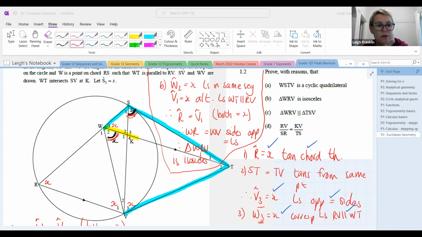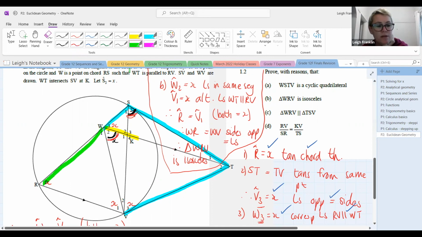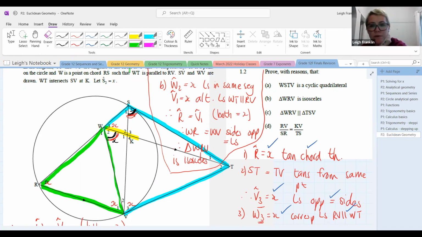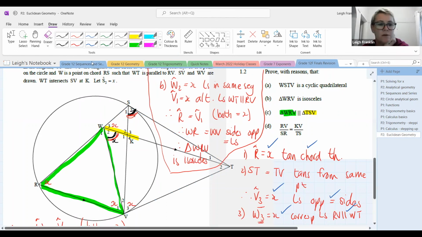So WRV is this triangle over here, and then triangle TSV is this one.